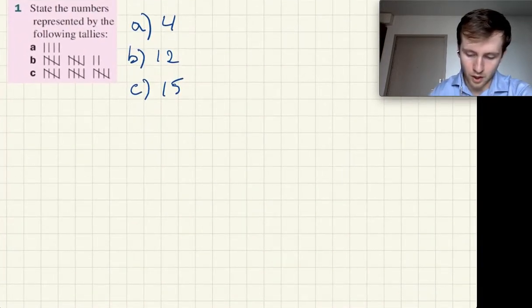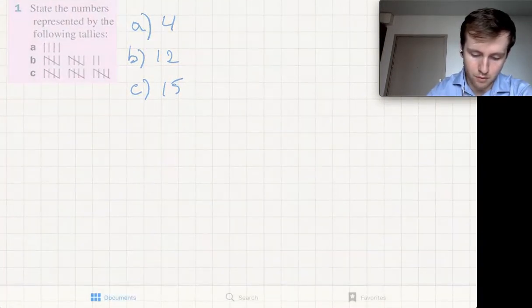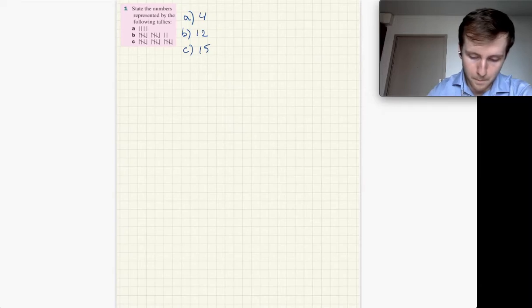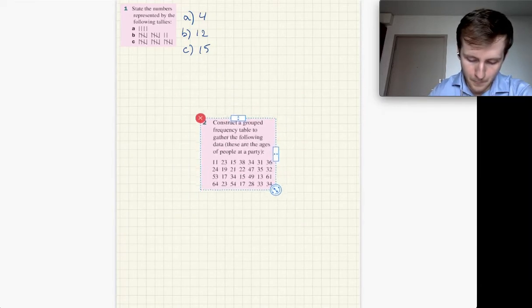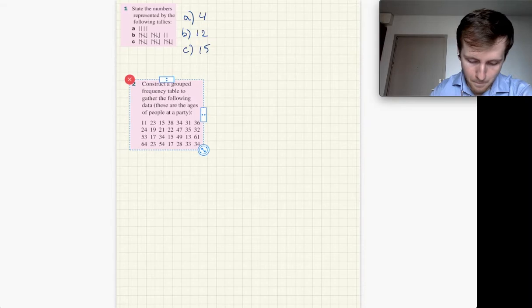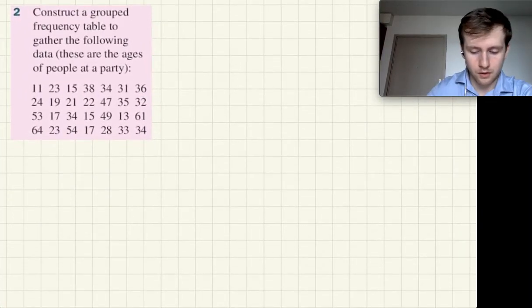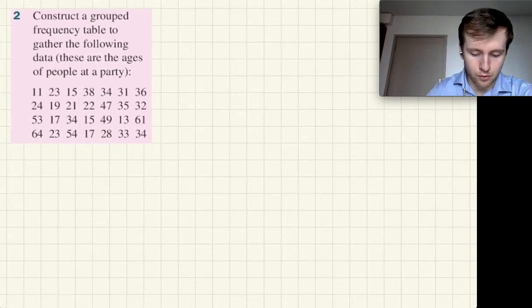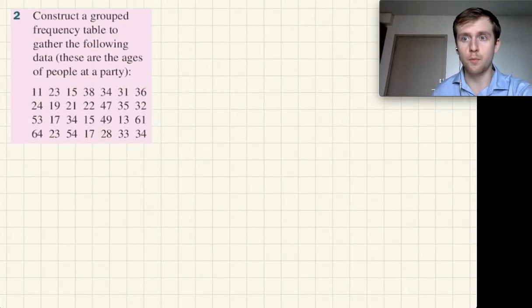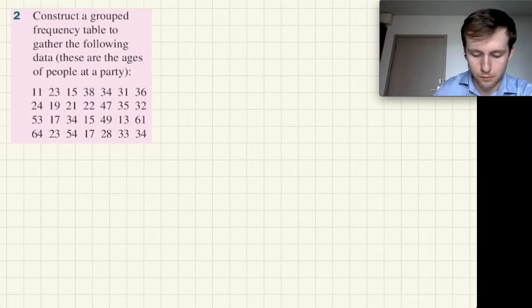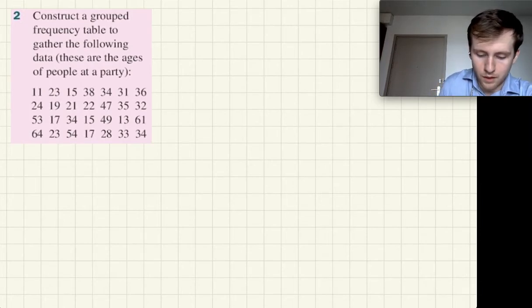Okay, so grouped frequency table. And how do we do this? We have to group them all together. So let's make a table first. Of course, we have to have a table.